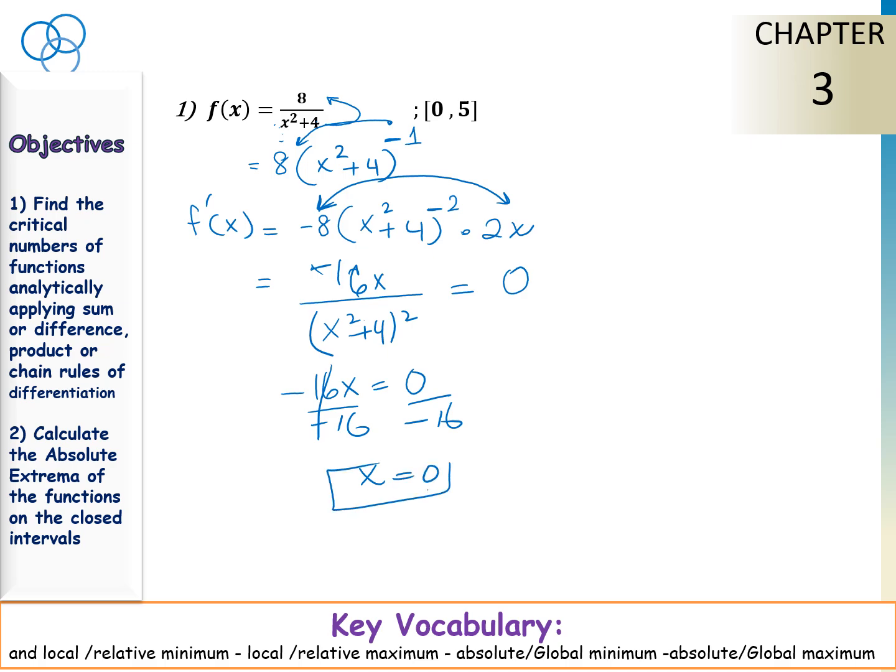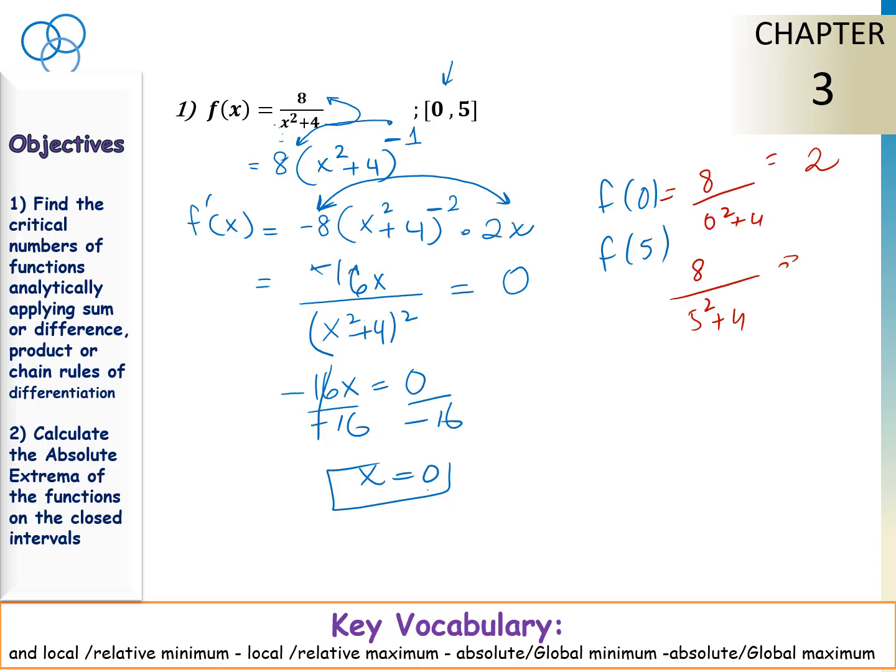Now 0 is already included in the closed interval. So you have only 2 points to evaluate, f of 0 and f of 5. Okay, so now write it in the calculator. 8 over 0 squared plus 4 and 8 over 5 squared plus 4. So 8 over 4 gives us 2 and 8 over 25 plus 4 is 29.